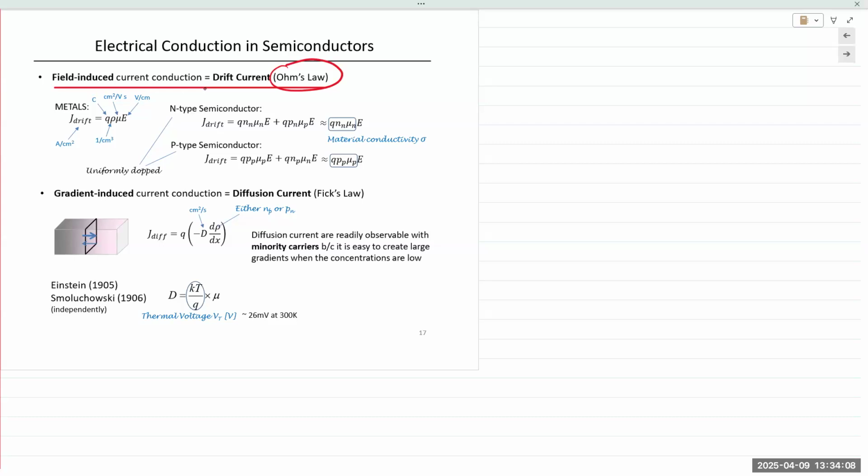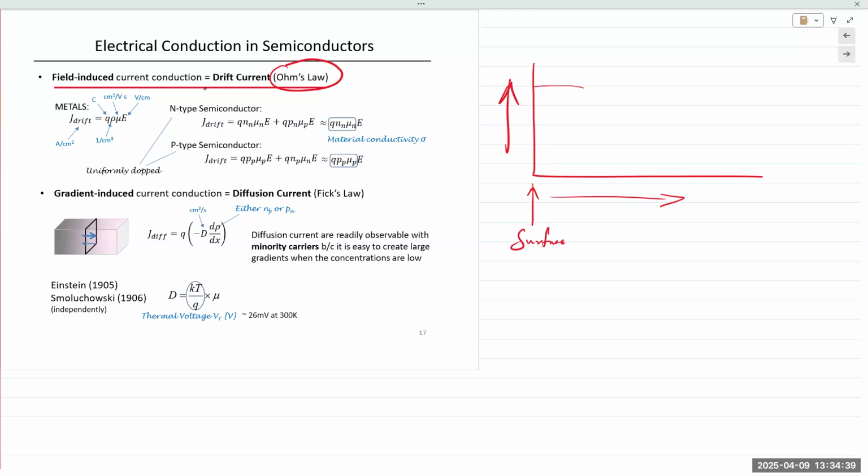If you're doping in a region, let's say this is the distance and this is the number of atoms of the doping profile. If this is the surface, you'd introduce your atoms into the surface, and they're going to sink to a certain depth below the surface.